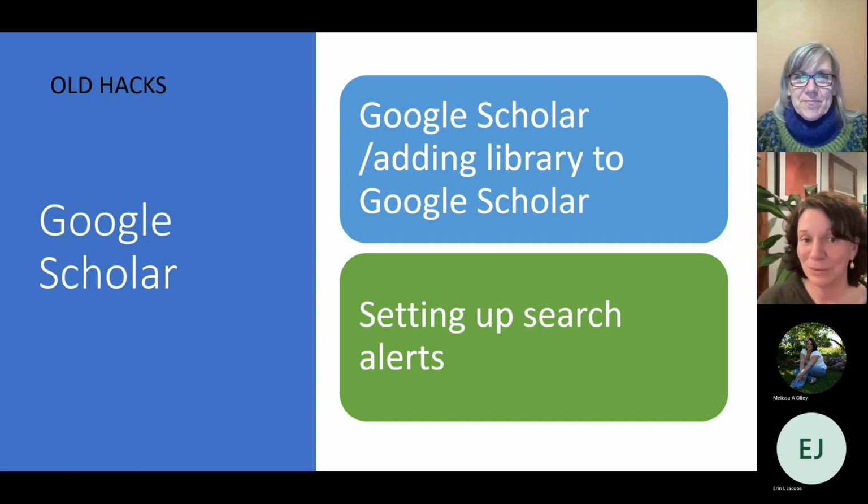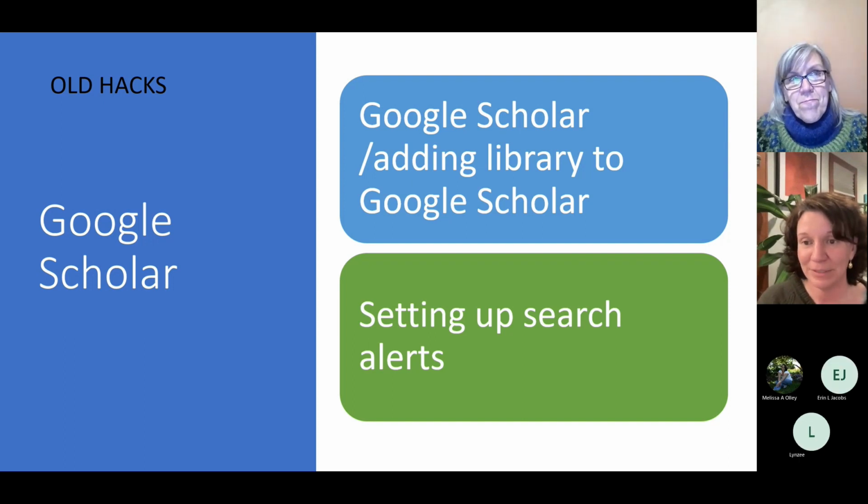Okay. And the Google Scholar, adding it to the library, one of the reasons that we would do that was because it would give us access to articles that you would normally have to pay for. If you were doing research and you were looking for scholarly journals and articles, sometimes you have to pay just to read. This way you get some free stuff. And just as a reminder, folks, even after you graduate and you lose your access to the library, you will still know people who have access to the library. So keep that library in your Google Scholar system.